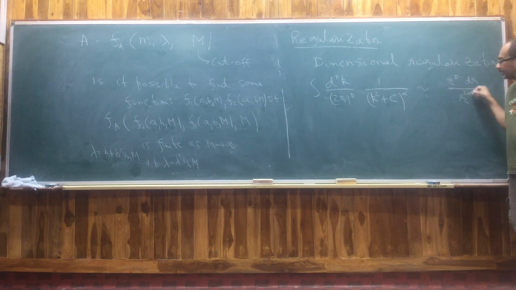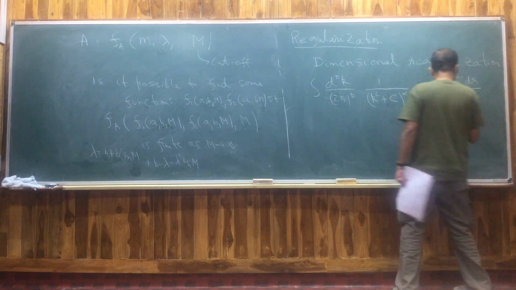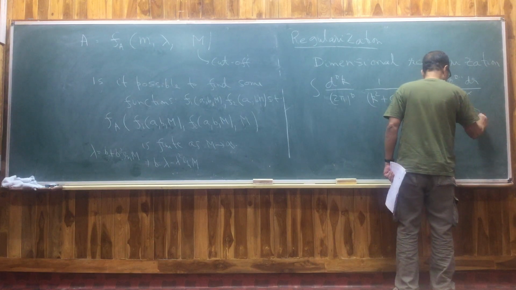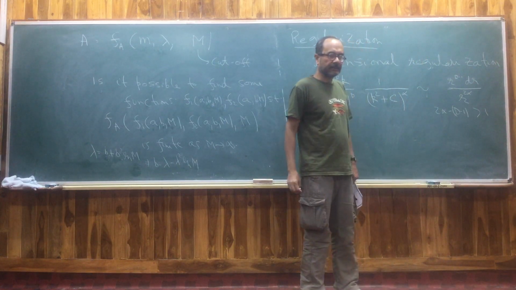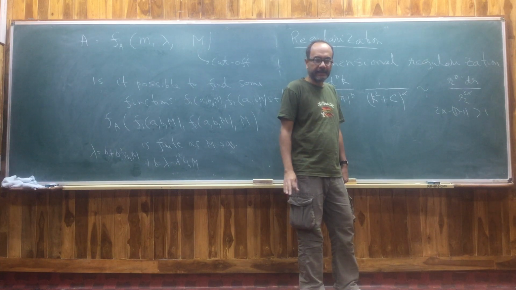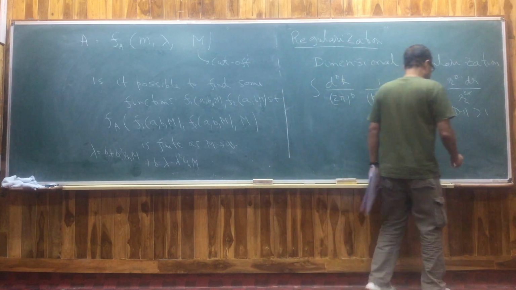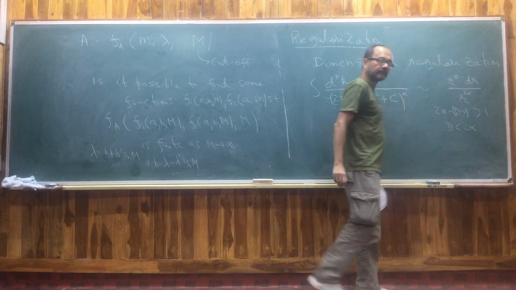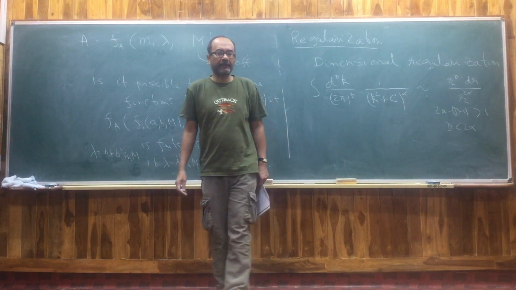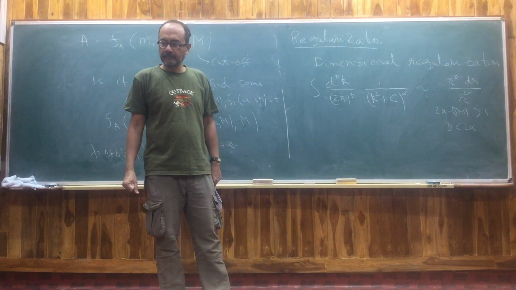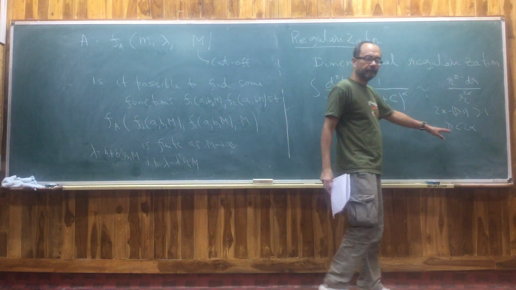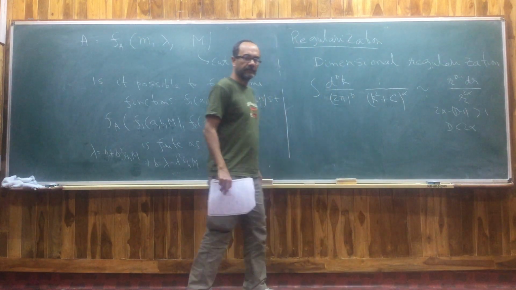You have to have this whole thing have a power larger than 1. So 2 alpha minus (d minus 1) should be larger than 1. If it's equal to 1, you still have divergence. It has to be larger than 1. So this tells us that d has to be less than 2 alpha. If d is less than 2 alpha, then you are okay. So this integral can be defined for d less than 2 alpha. Is this clear?